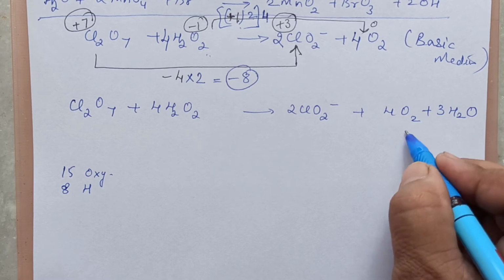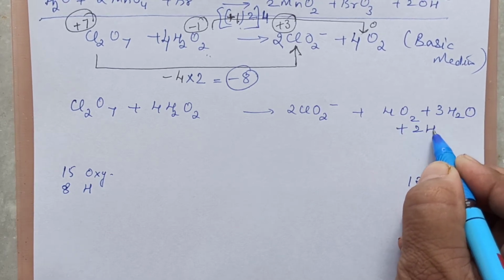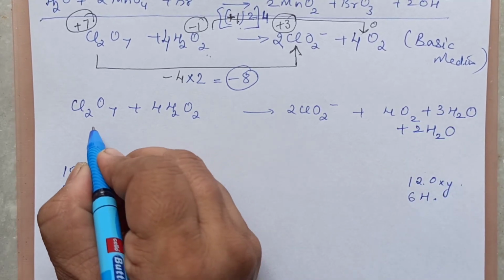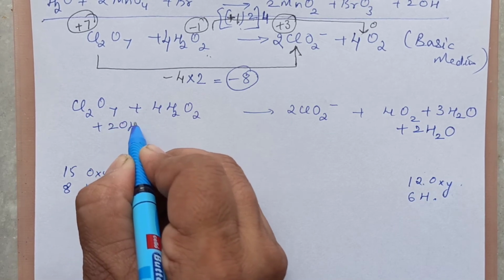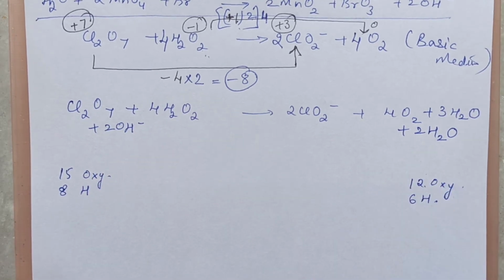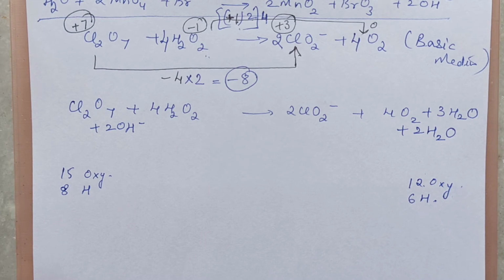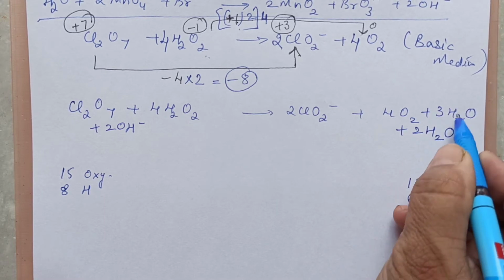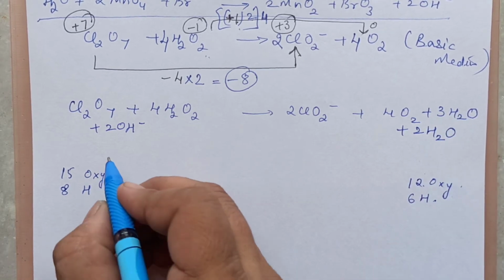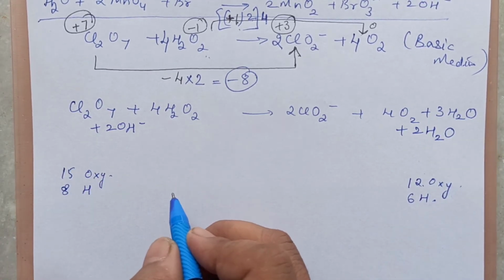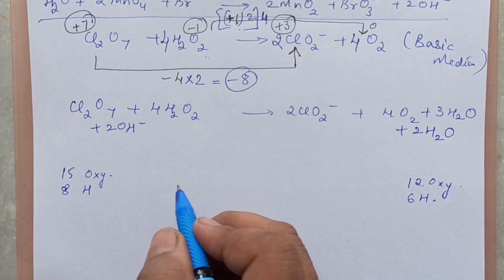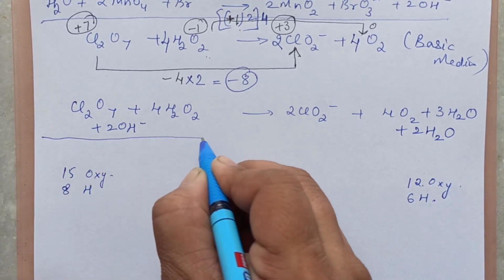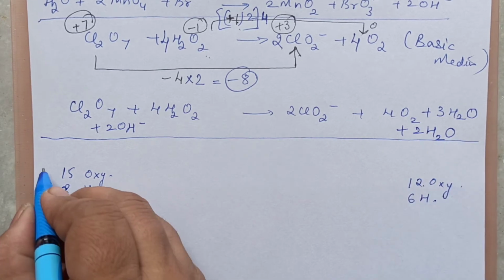Wherever less, you will add that many water molecules and the same number of OH minus on the other side. Deficient side water, same number of OH on the other side. Done? That's it. Equation is balanced. You will just add these two and rewrite the equation. I'll make a line here and copy the final equation in between.